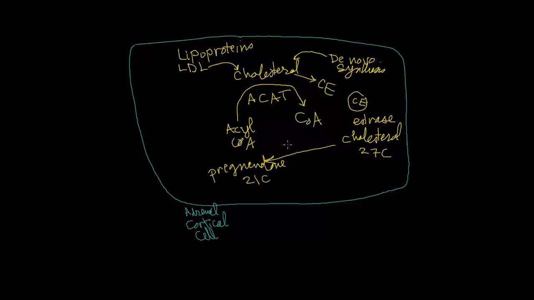This step of side chain cleavage takes place in the mitochondria because the enzyme which carries out this cleavage step resides in the mitochondria. So cholesterol moves from the cytosol into the mitochondria in order for the cleavage step, the first step, to take place.